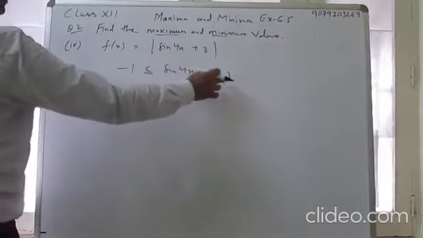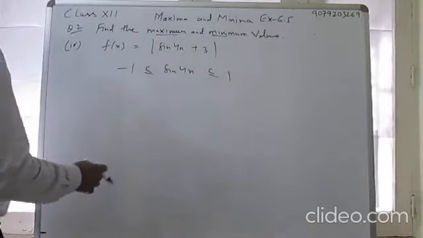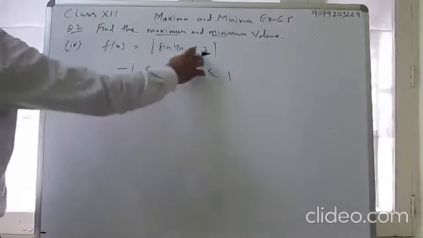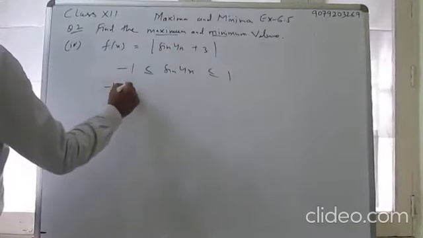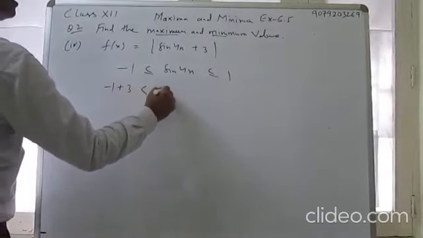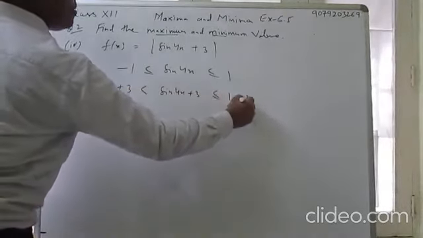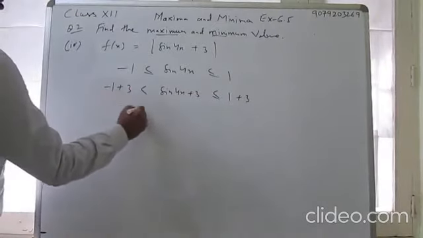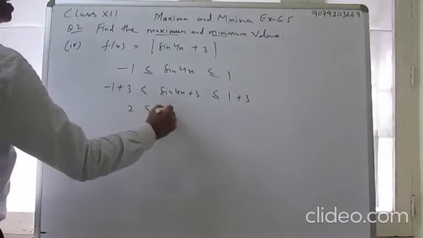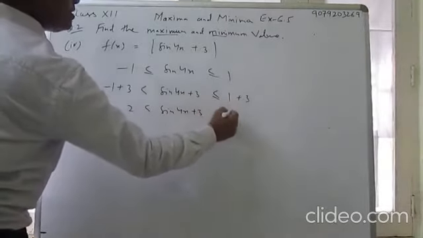Minimum value of sin is minus 1 and maximum is 1. So if you add 3, minus 1 plus 3 and 1 plus 3, it becomes 2 ≤ sin 4x plus 3 ≤ 4.